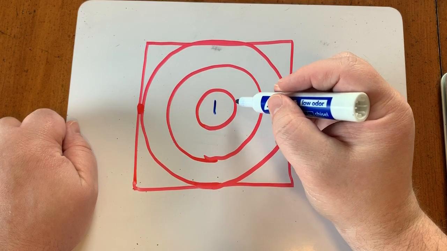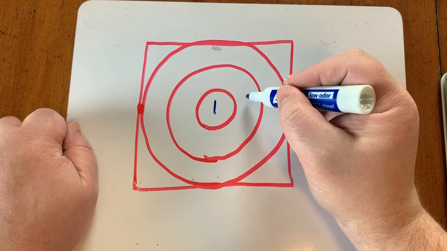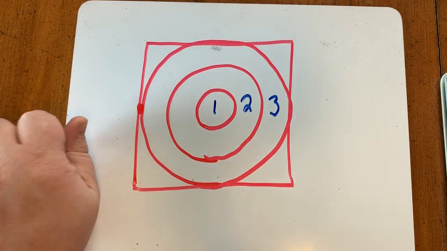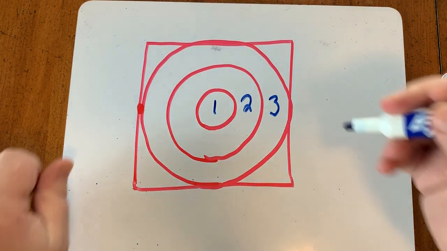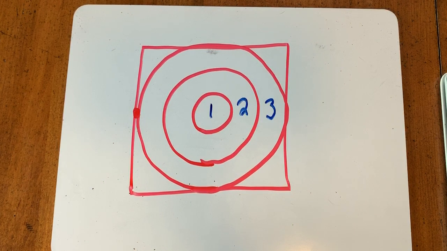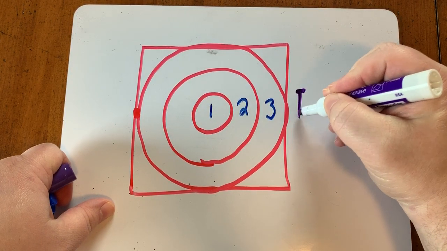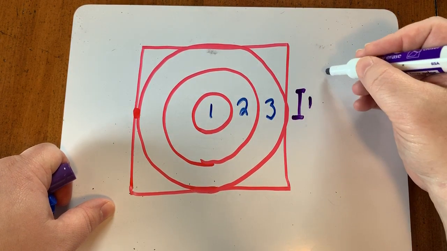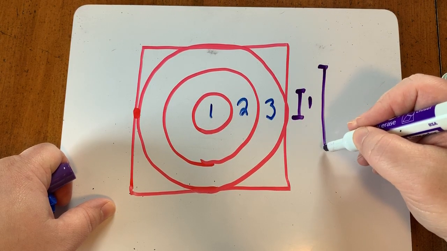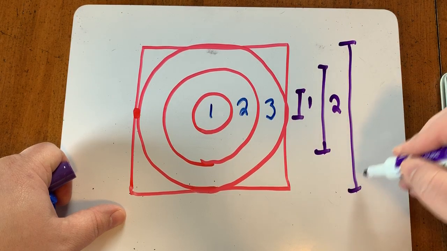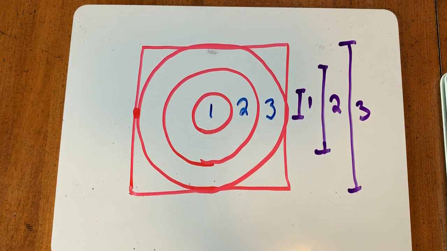Inside here is worth 1 point, inside here is worth 2, and inside here is worth 3. Each circle's diameter increases by 1. So that diameter is 1, that diameter is 2, and that diameter is 3.